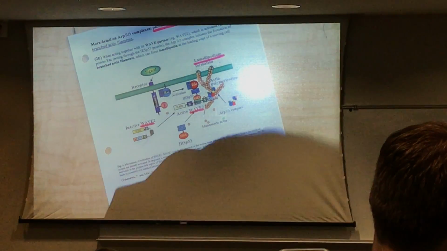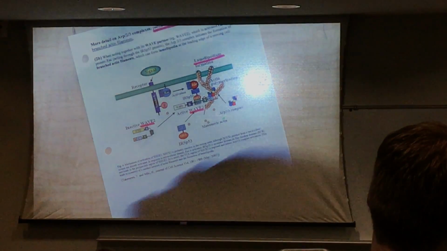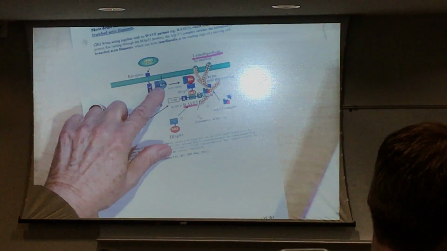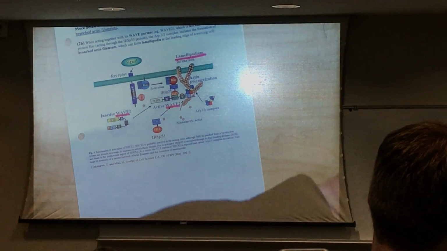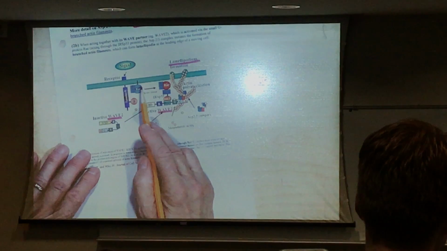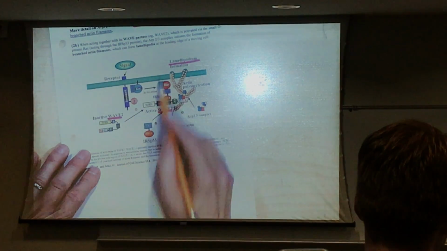And then it is RAC that activates the WAVE. So, RAC activates WAVE, okay?